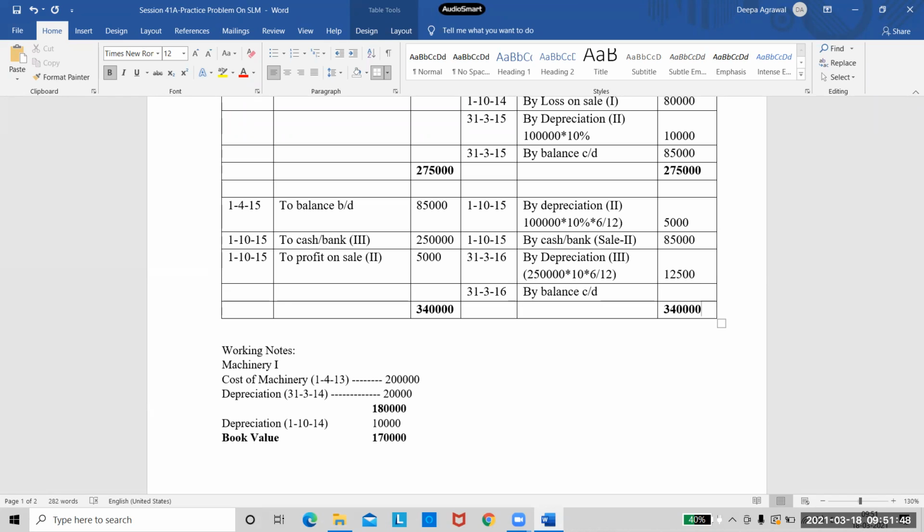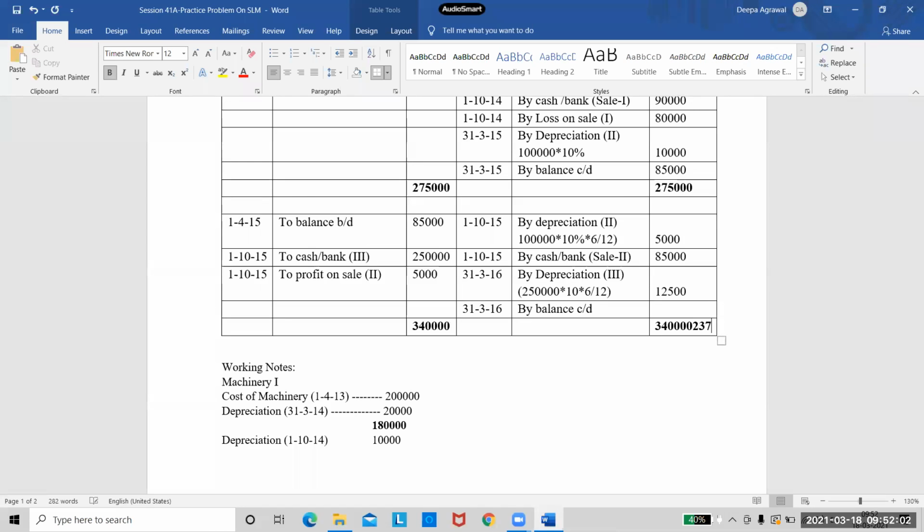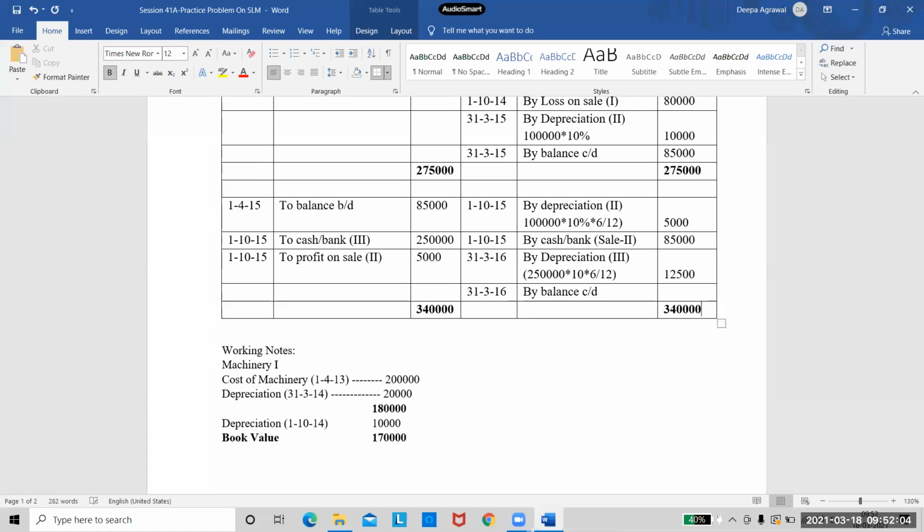Now subtract all this from 3,40,000: minus 12,500, minus 85,000, minus 5,000. So you are getting 2,37,500 as your balance. Right?